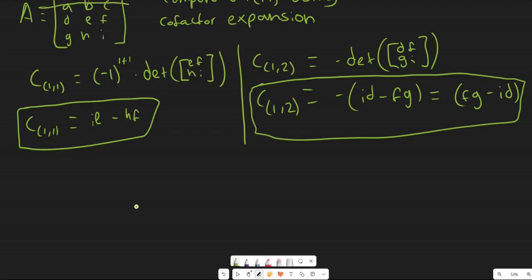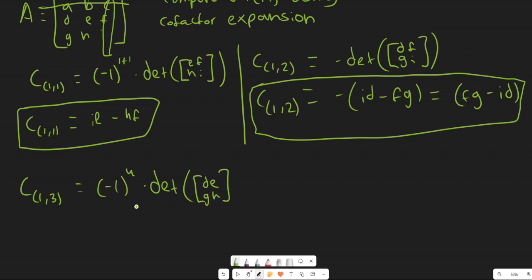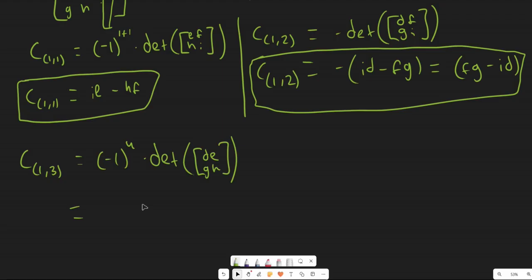Once again, we block out that entire row, and we block out that column there. And so your cofactor of 1, 3 is just going to be negative 1 to the power of 4 times the determinant of the matrix D, E, G, H. And then we go ahead and simplify that.